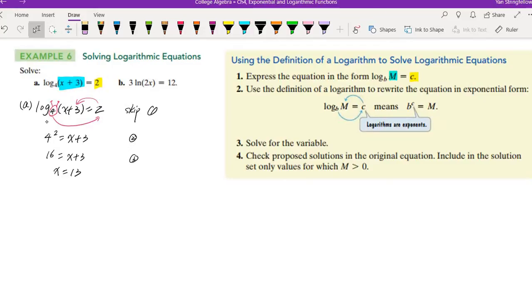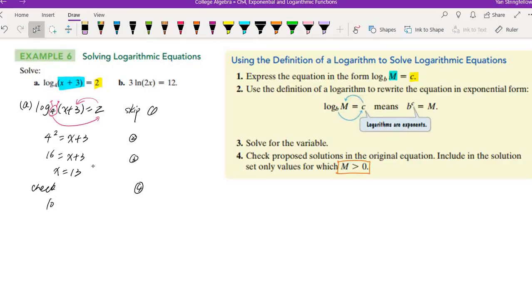Okay, so that is step 3. And then step 4, you have to check your solution. This is very important. Normally checking the solution is optional, but in this case you must check solutions. At least you have to check if m is greater than 0. If this is not the case, that is not your solution. Let's go ahead and check the answer.